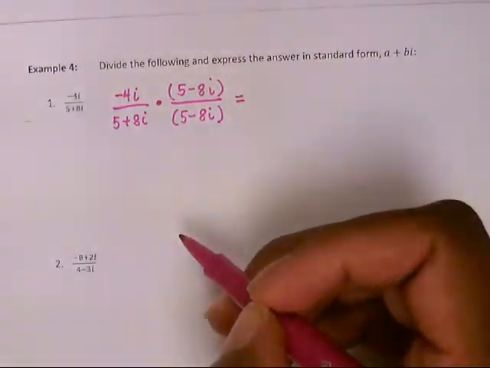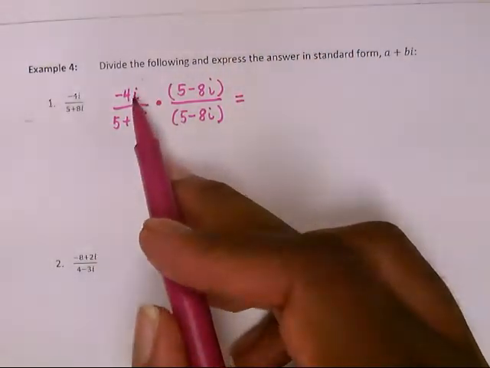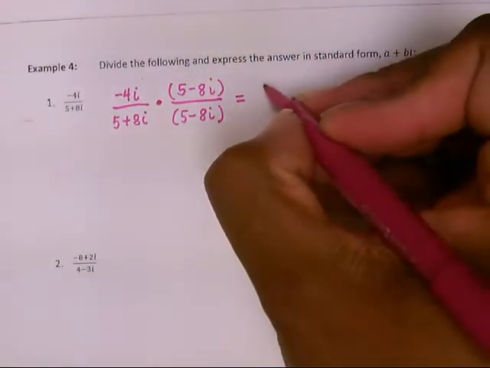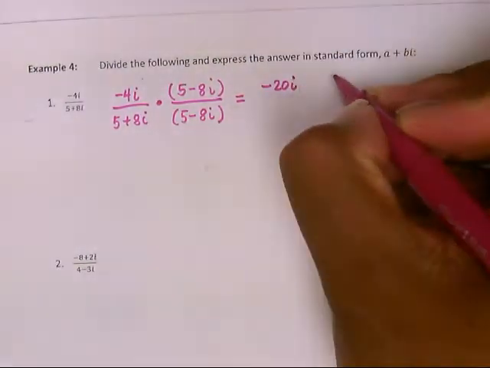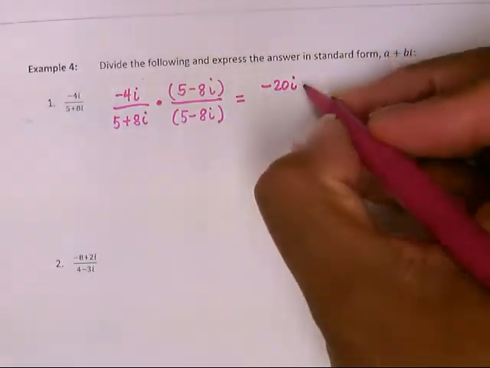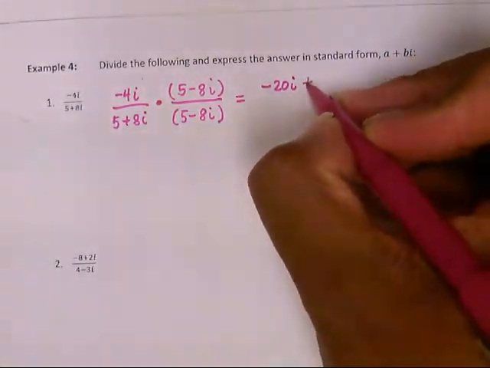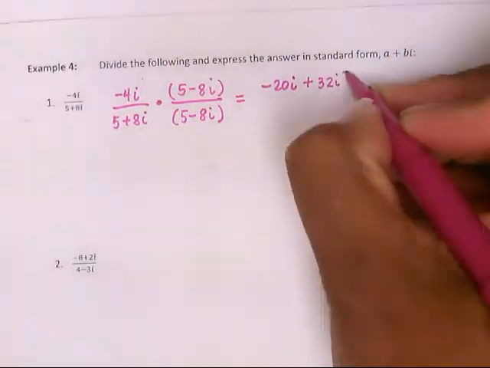The numerator, we're going to have to use the distributive property. So negative 4i times 5 will be a negative 20i. Negative 4i times minus 8i will be a plus 32i squared.